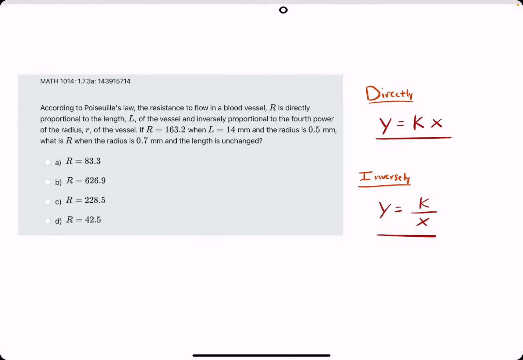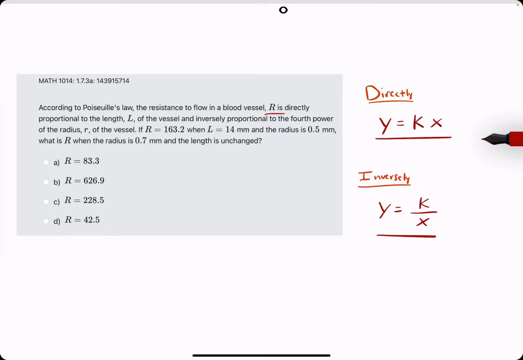So they say capital R is directly proportional to L. So that means R can be written as k, the constant, times L. But R is also inversely proportional to the fourth power of the radius r.